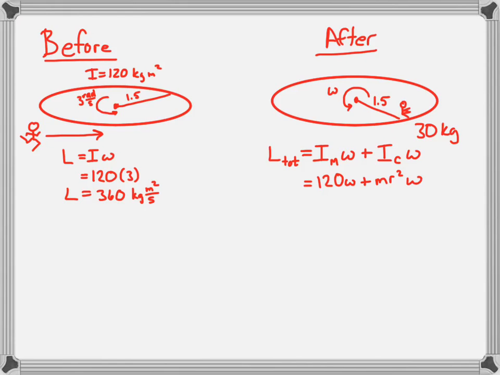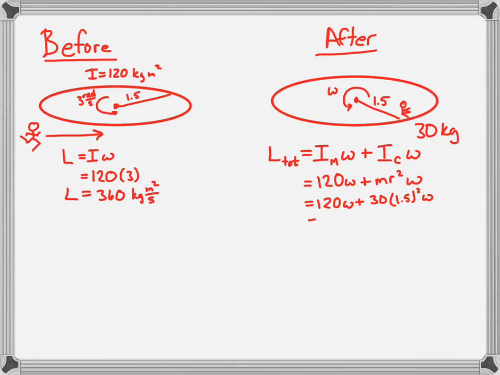So we're going to have mr squared, and then we bring the omega down from up here. So, total angular momentum, we have 120 omega plus the mass of the child, which happens to be 30, multiplied by radius squared, 1.5 squared, and then omega.